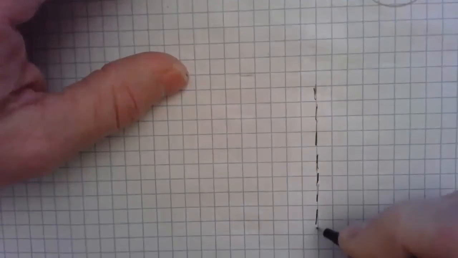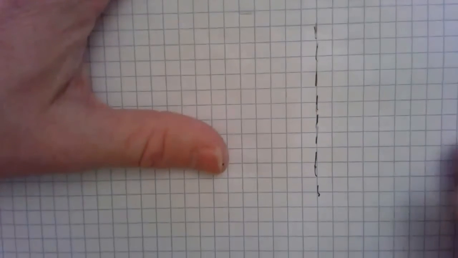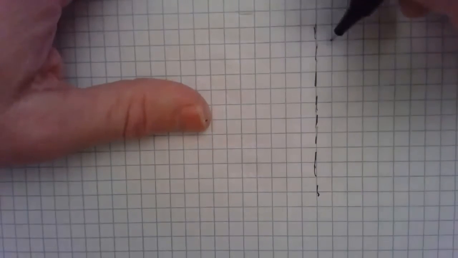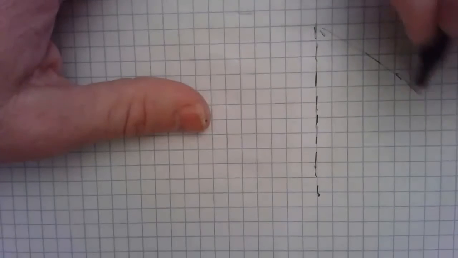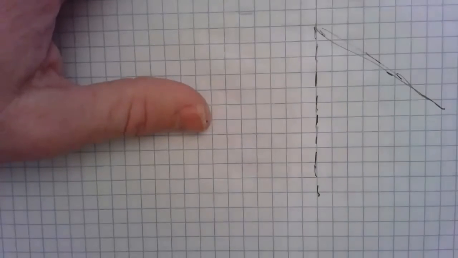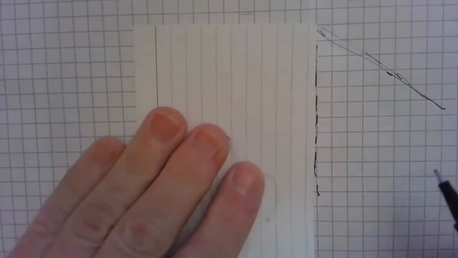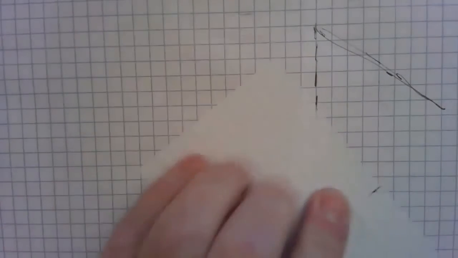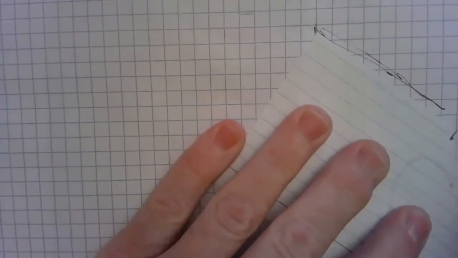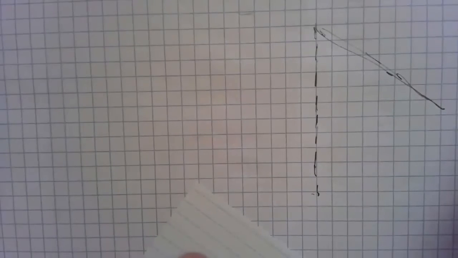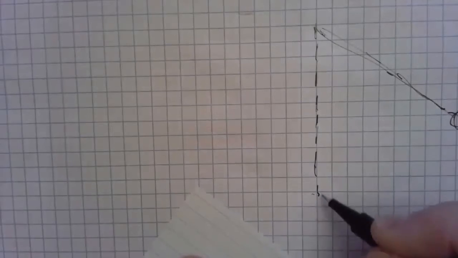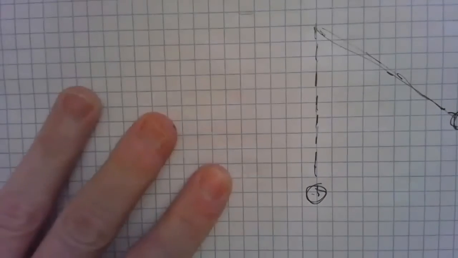I'm going to go a little farther. There we go. To exaggerate, I'm going to start the pendulum bob way up here, but I have to make sure they're the same length. So take one of these and say that long is the same as this long. So the center of the ball is here and the center of the ball is here. Got that?